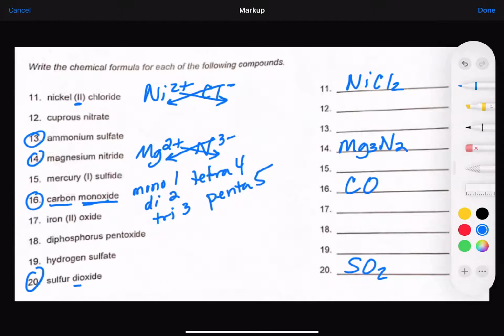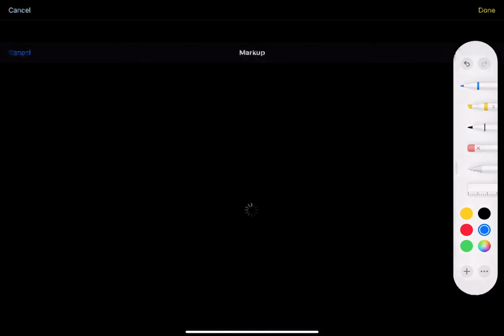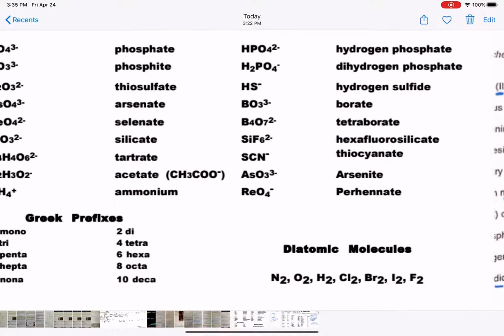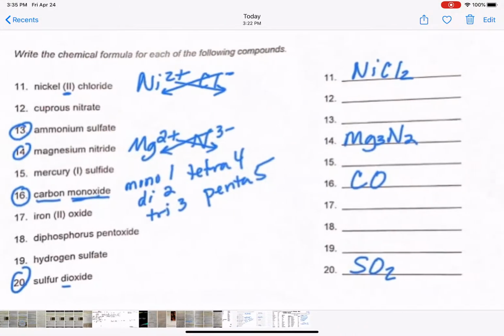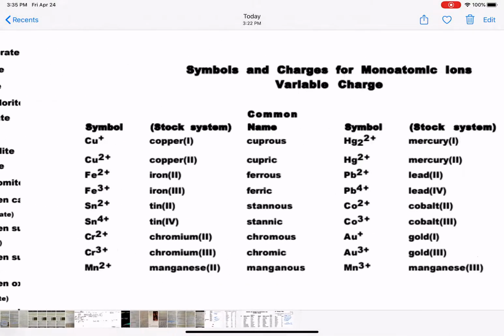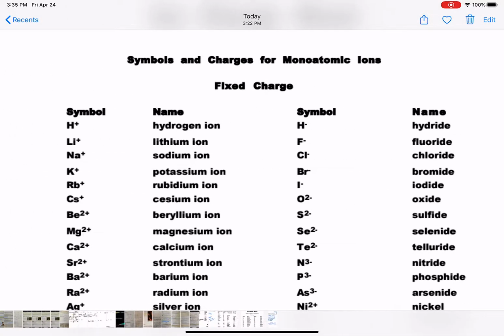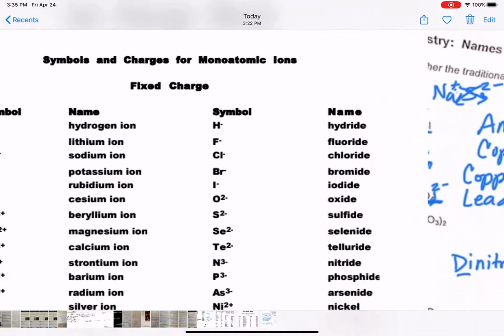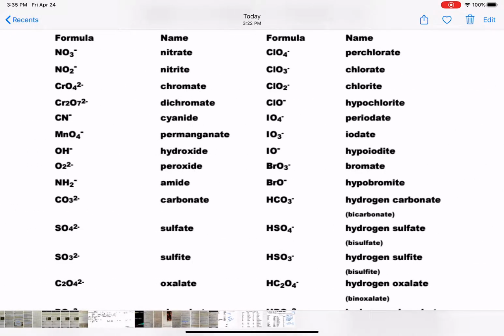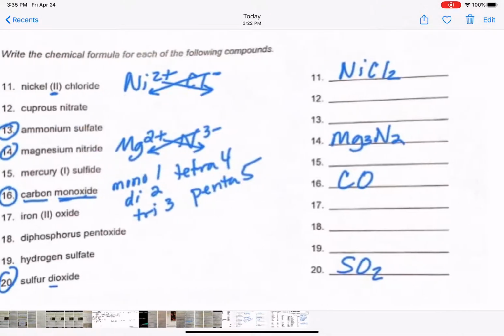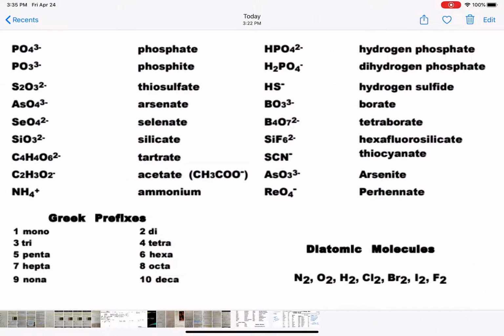And we'll do one that is a polyatomic ion, like ammonium sulfate. Ammonium, you have to look at your ion sheet and find ammonium, and I think we already did that for one above. Whoops, that's math. Ammonium. Where is it?